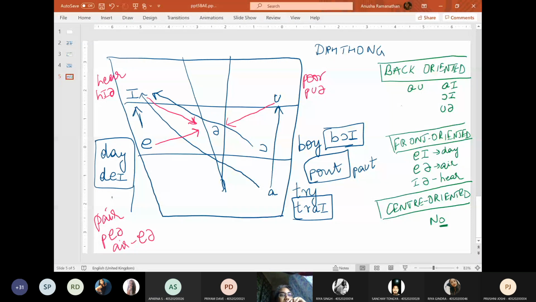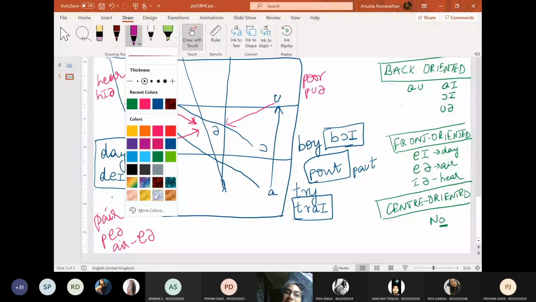And if you do Australian English, you will realize the kind of use that they have for it. It is basically the word that you would use for go. It is not no, it is not no, it is no. Okay, so this is how it moves.